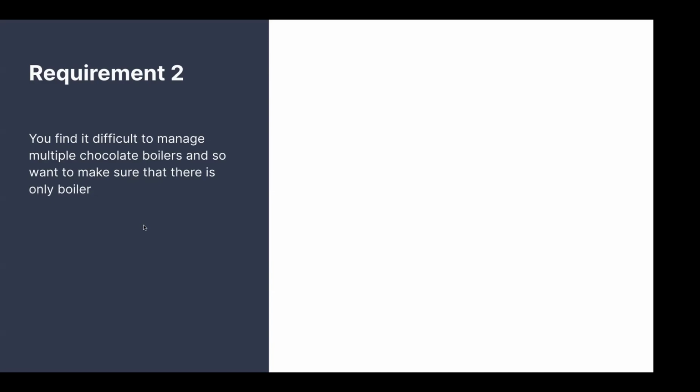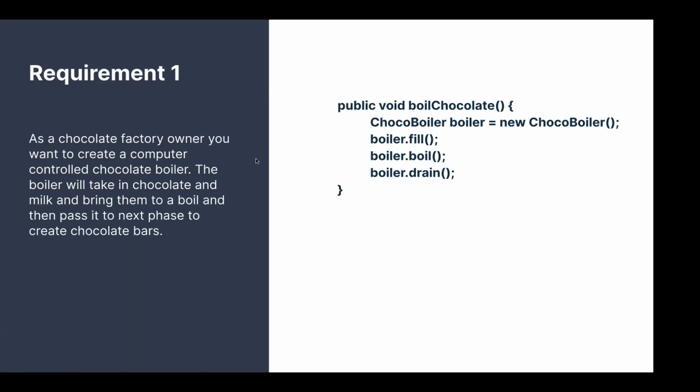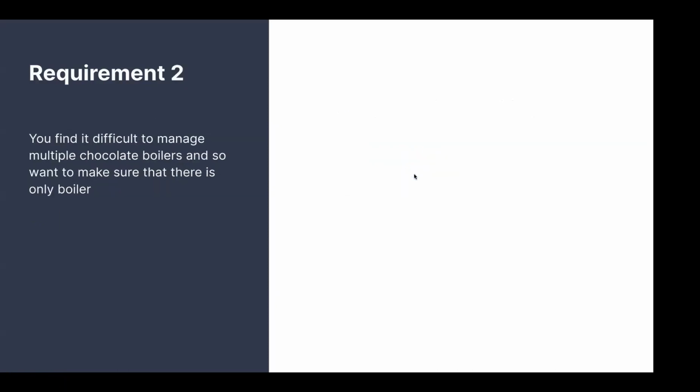Okay, yeah. So we have code which tells us what a boiler does, and then the factory owner, whoever it was, finds it difficult to manage two boilers somehow.